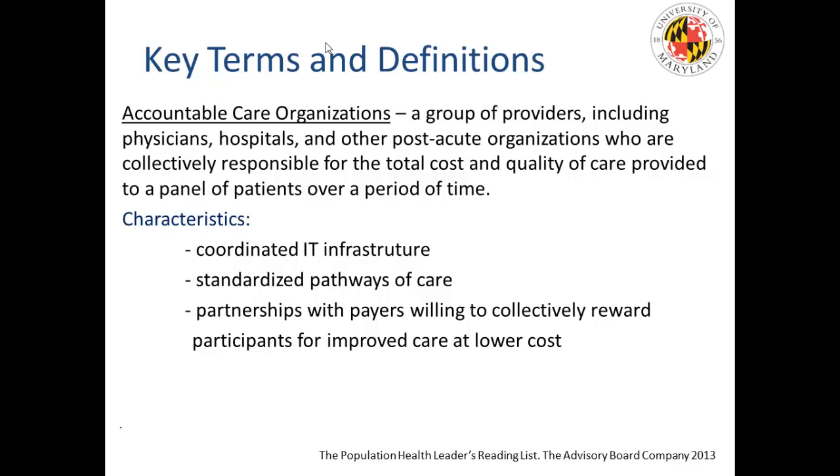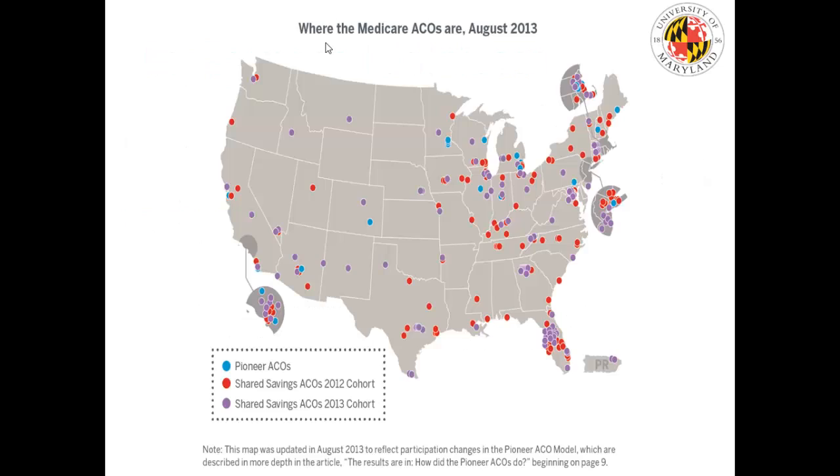They need to have standardized pathways of care, partnerships with payers who are willing to engage and be incentivized by providing care efficiently so that they can also benefit from the cost savings. And then they're all looking for ways to provide care at the lowest cost. Improve care, but provided at the lowest cost.